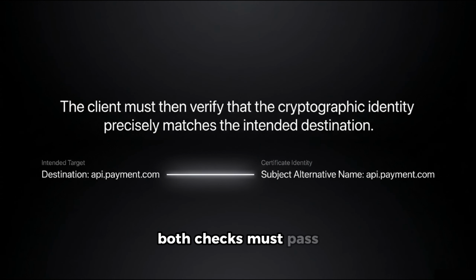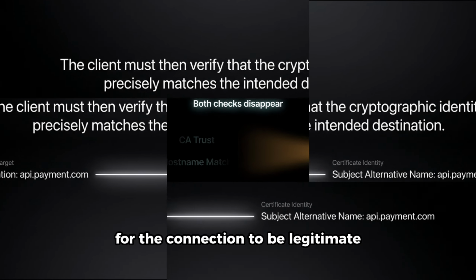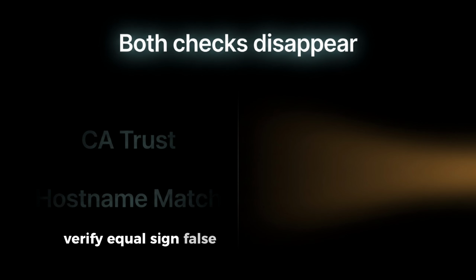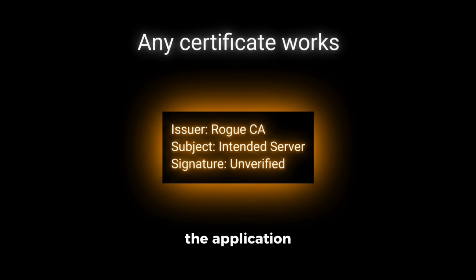Both checks must pass for the connection to be legitimate. Verify false removes both. Not one, both. The application no longer confirms that the server presenting the certificate is who it claims to be, and no longer confirms that it is the server the application intended to connect to.